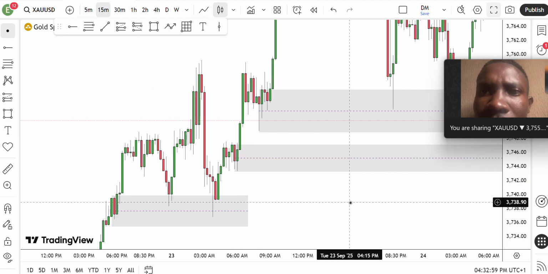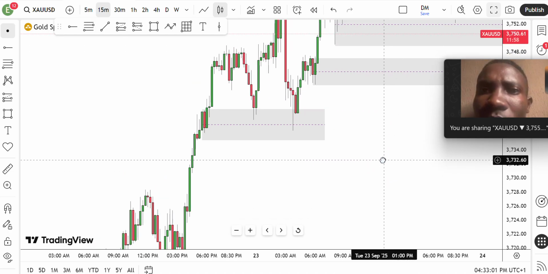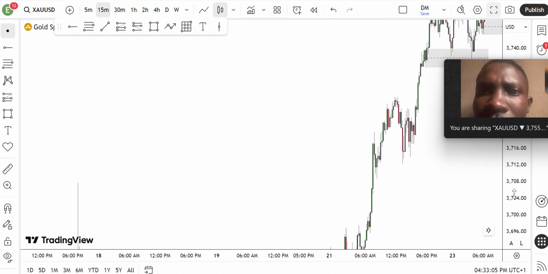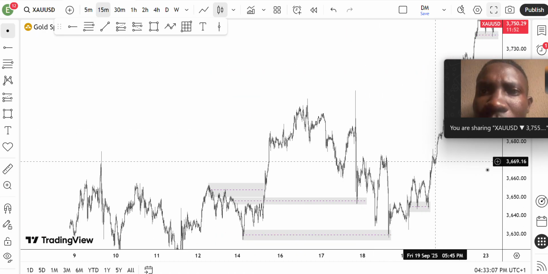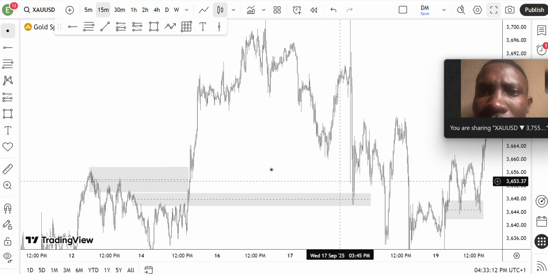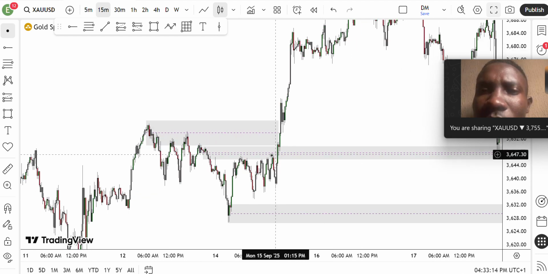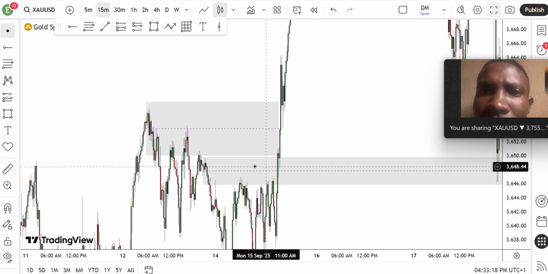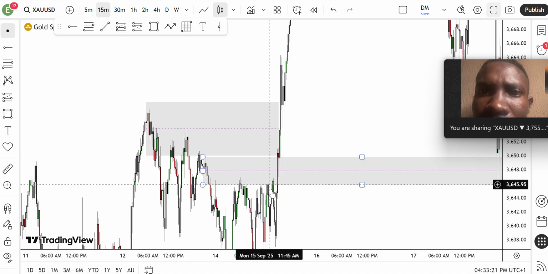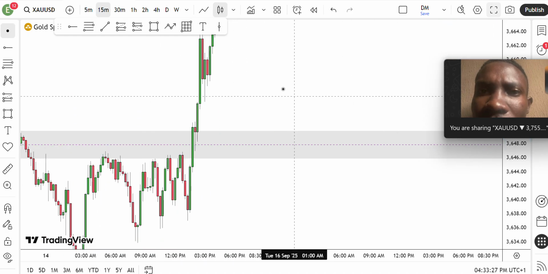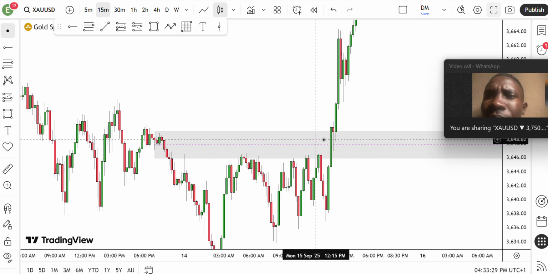But for a breaker block, you have to draw it out, because you have to see an area of demand or supply before you can actually start talking about a breaker block. So like this, we have all of these people buying, buying, buying. This one was the supply that was holding all of them.